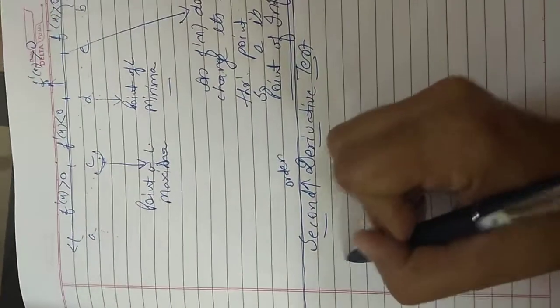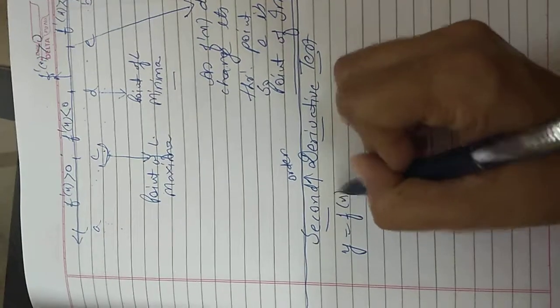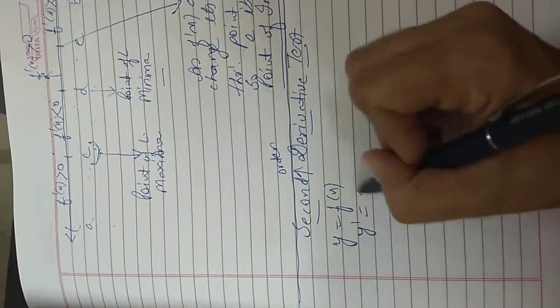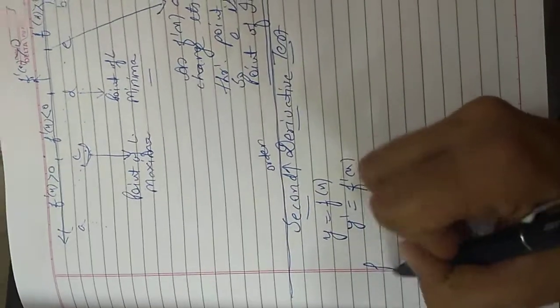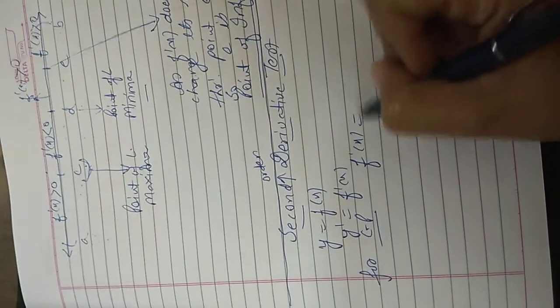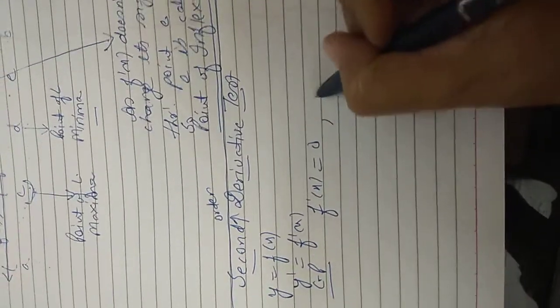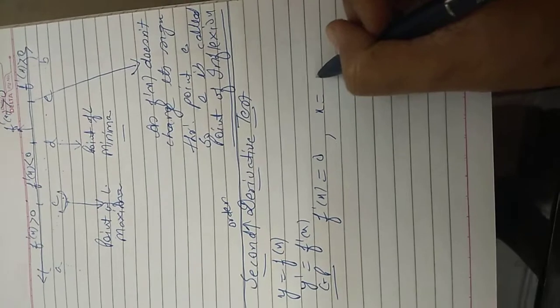Initial steps will remain the same. Whatever function is given, y equals f(x), we will find the derivative, and for the critical points we will equate the derivative to 0. Let us assume that we are getting the value of x as c. Let there be only one critical point.